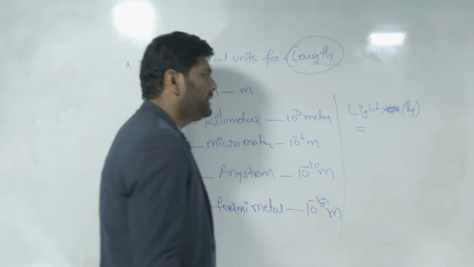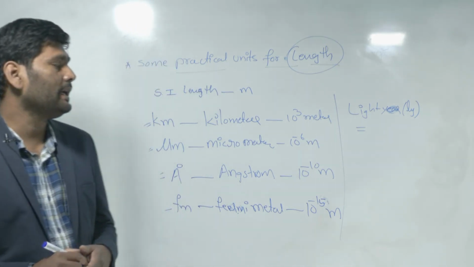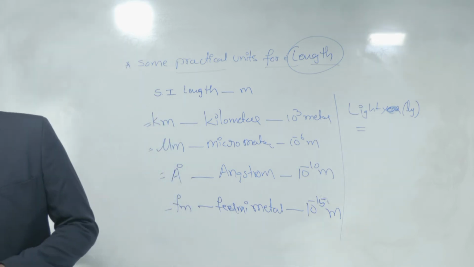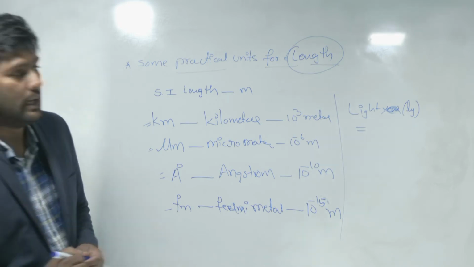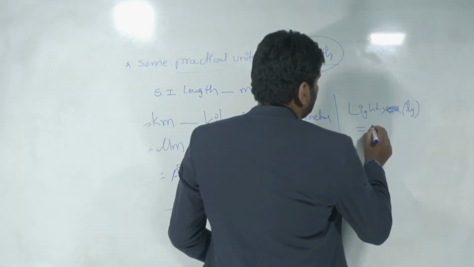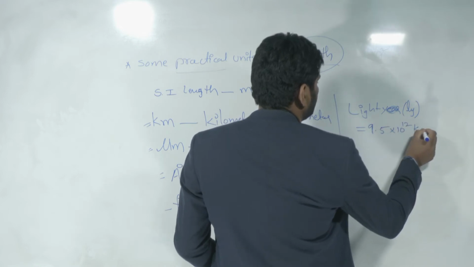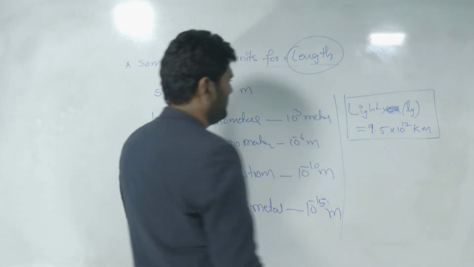Light year is also one of the practical units of length. 1 light year is equal to 9.5 into 10 power 12 kilometers. These many kilometers we call a light year.